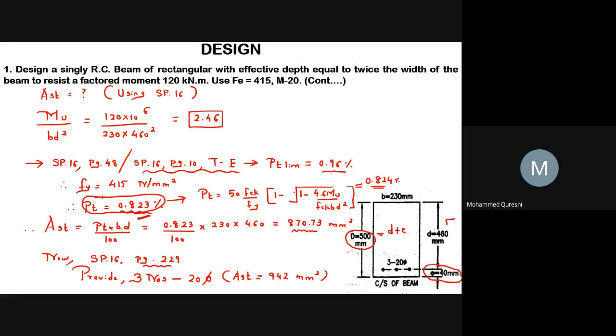And after achieving the value of PT as 0.824%, you have to go through this equation, that is AST equals to PTBD by 100, and then you will get the AST near about to 870 only. Then by considering the bars and the number of bars, you may get the value of three numbers 20 dia bars. This is an alternative method. You may go through this method also.